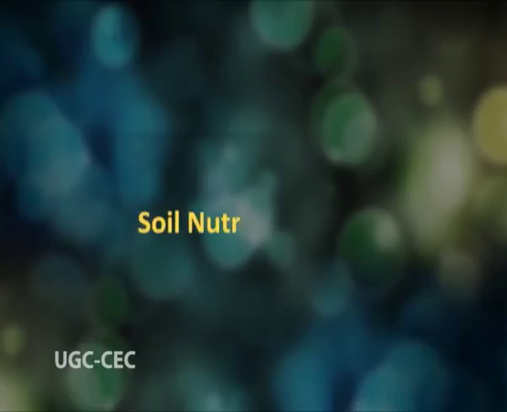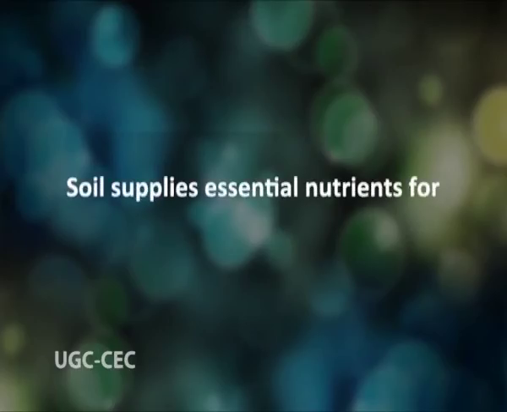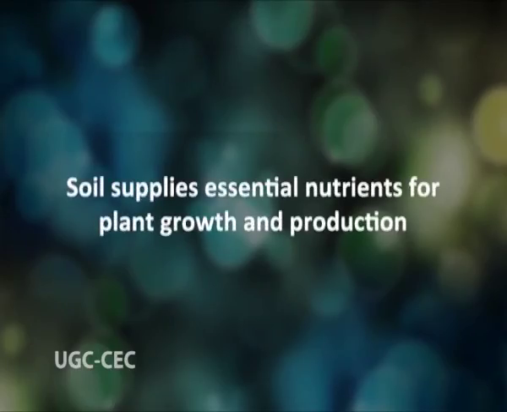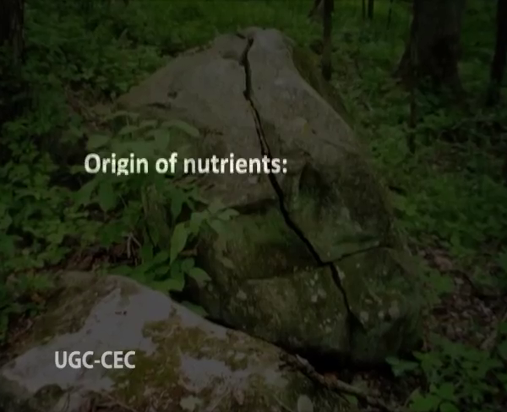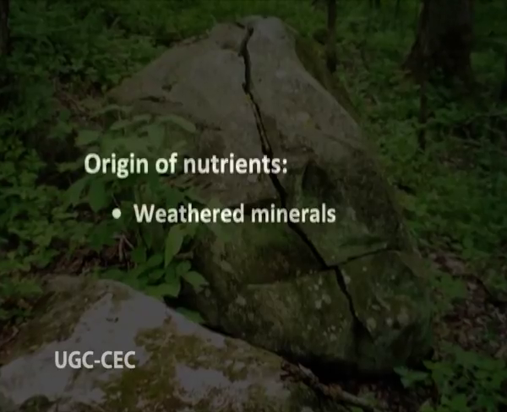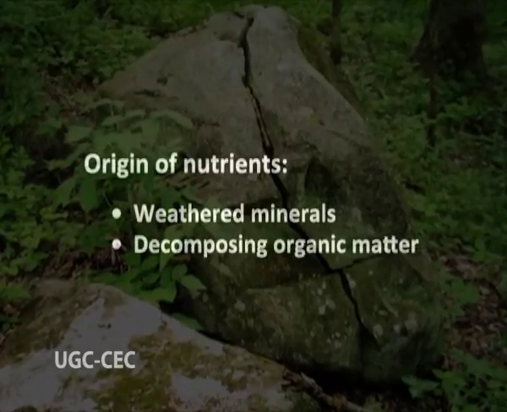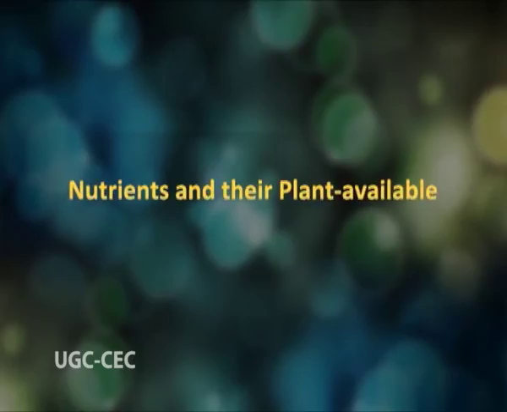Now coming to the soil nutrient status. First of all, the nutrients present in the soil. The soil supplies the essential nutrients for proper plant growth and production. These nutrients can originate from weathered minerals or from decomposing organic matter. Now the nutrients and their plant available forms. First, primary nutrients.